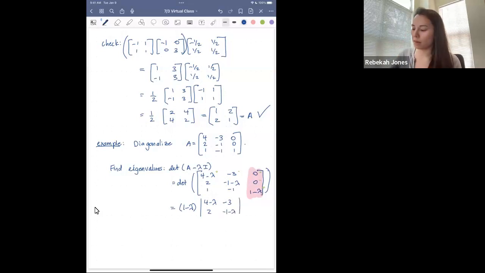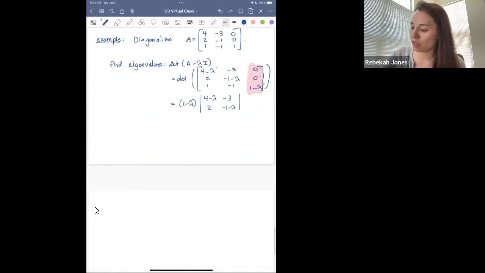Right. So that's going to give us our 1 minus lambda, and then we have 4 minus lambda times -1 minus lambda minus -6, so that's plus 6.